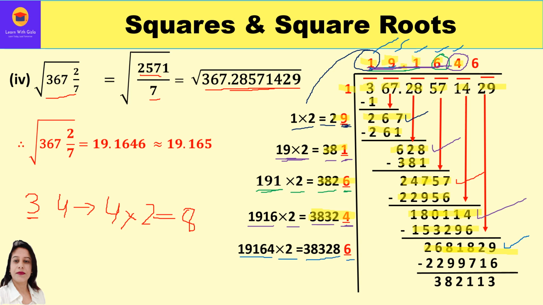Now keep a blank over here. Think of a number what should come over here. So after a lot of trials, I got 6 as a suitable number. So I can say 38328, 6 multiply by 6, right? I will get 2299716, which is less than the new dividend, that is 2681829, right? Now further calculate the remainder, that is the difference. So I will get 382113 as the remainder.